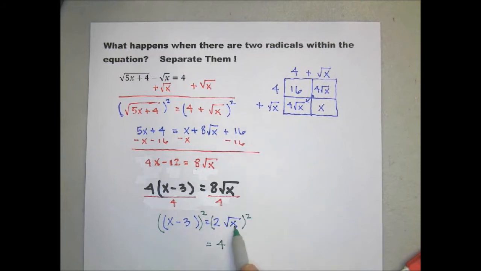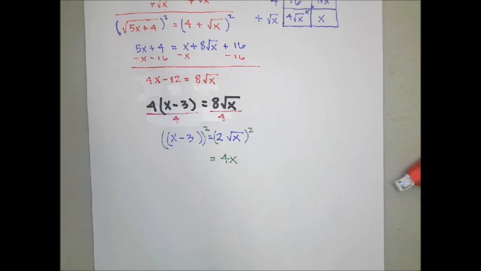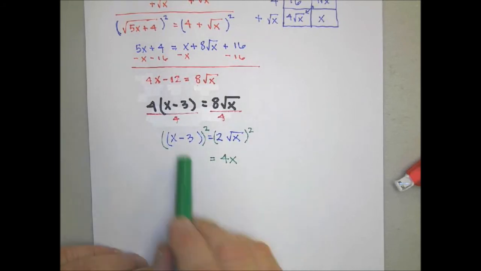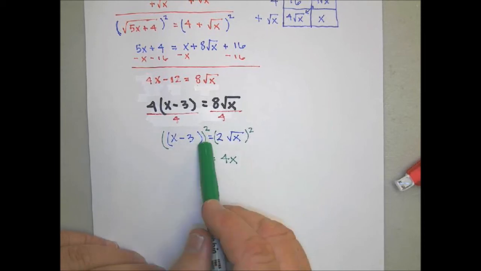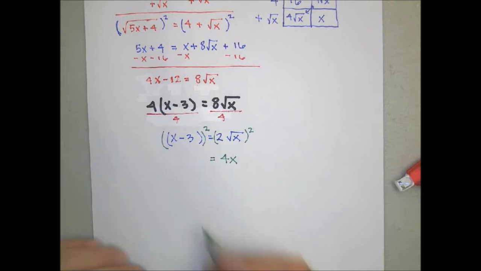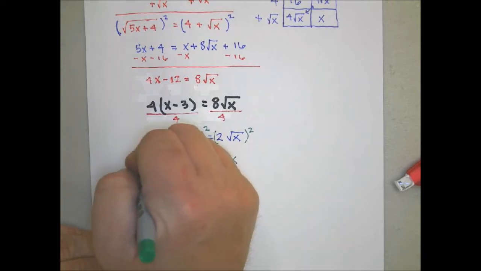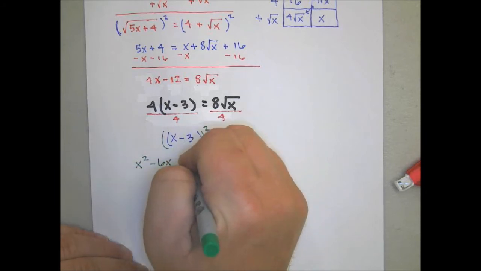Well, the square root x gets squared also, but it's a square root x multiplied by another square root x, which is simply x. Over here on the left-hand side, x minus 3 quantity squared. This is a binomial that's being squared, so it would end up being x squared minus 6x plus 9.